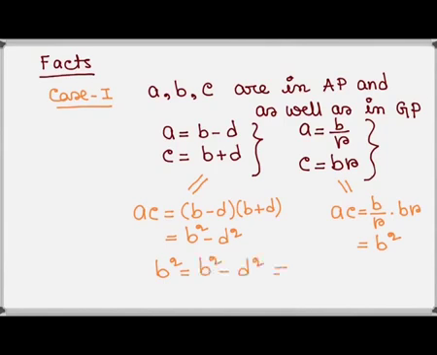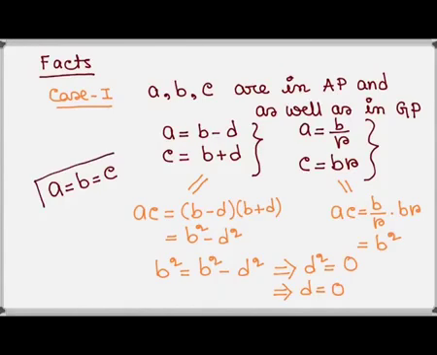So from here we can conclude that D square is equal to 0. That means D is equal to 0. Therefore, in this case we have A is equal to B is equal to C. So, if A, B, C are in AP and in GP, then they must be equal.